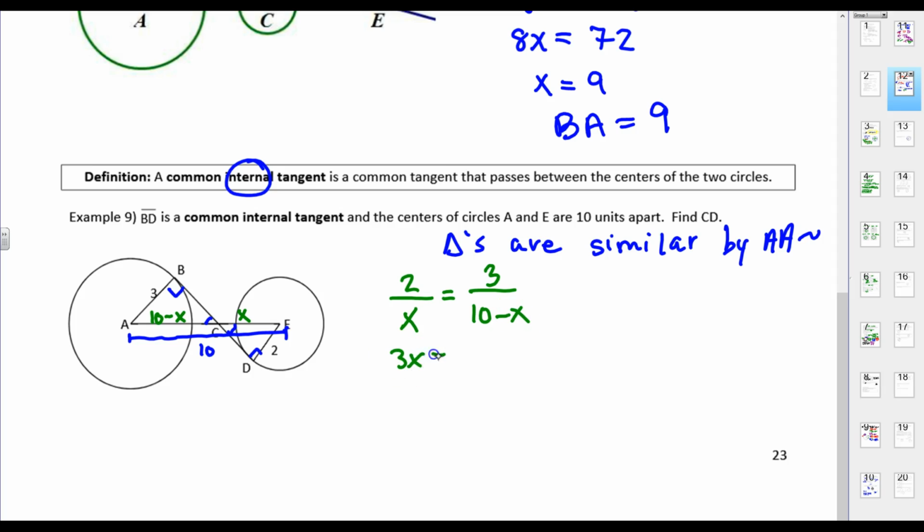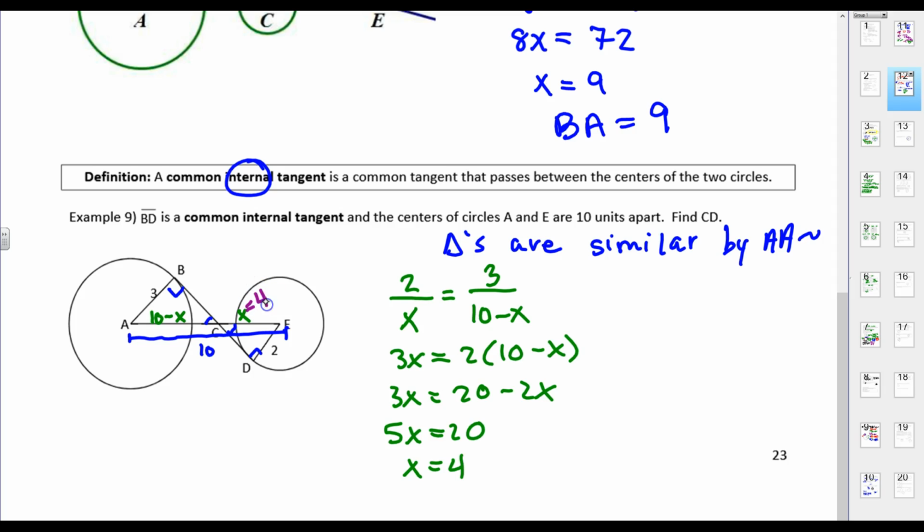So I get 3X equals 2 times 10 minus X, or 3X equals 20 minus 2X. Add the 2X over to get 5X equals 20. So X is 4, which means this other piece would be 6.